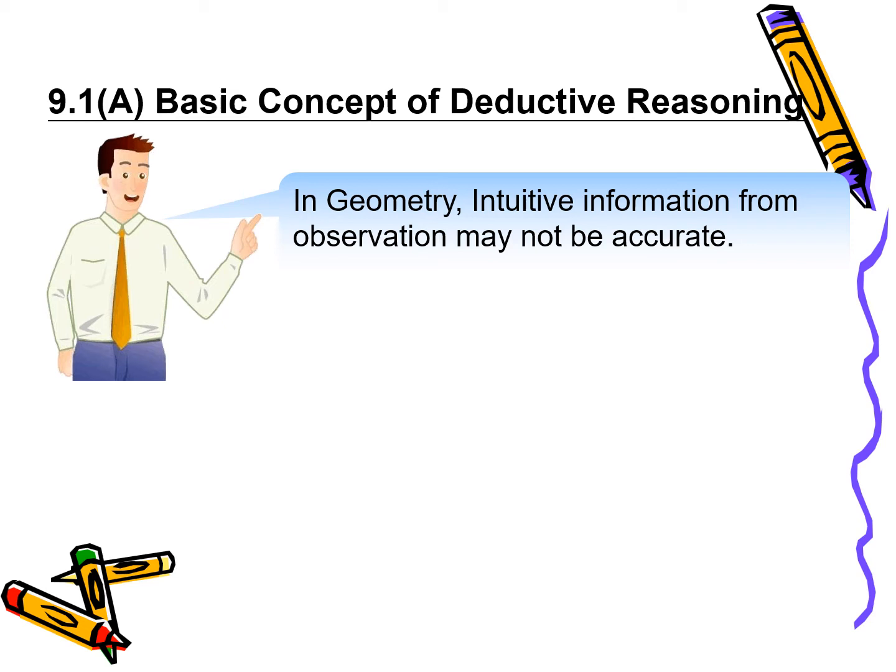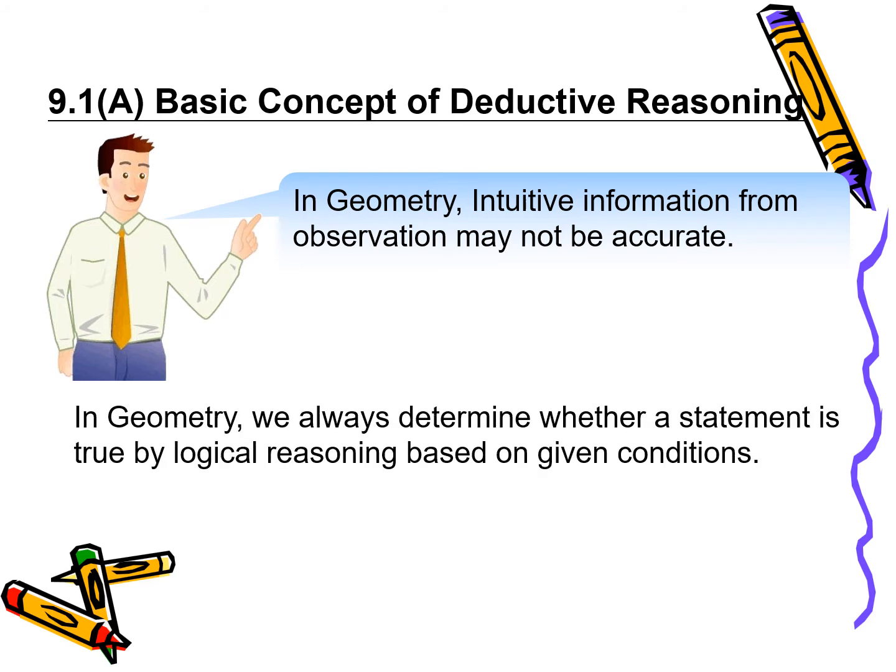By what we have discussed, in geometry, intuitive information from observation may not be accurate. So, if we want to determine if a statement is true, we can use logical reasoning based on the given conditions. And the process we call deductive reasoning.